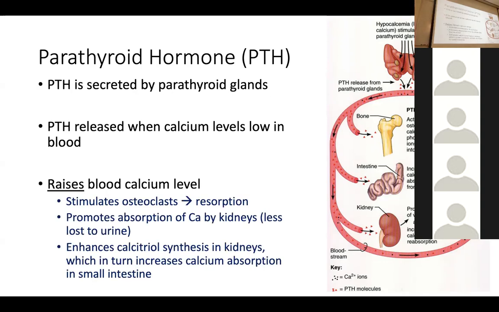That's going to raise the blood calcium level through a few different pathways. So first, it will stimulate those cells that dissolve bone, osteoclasts. So that bone will be dissolved, releasing calcium from it, and that calcium will go into the blood. That's going to bring the blood calcium level up.